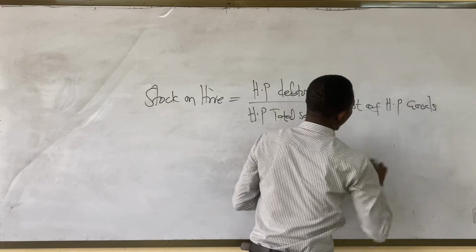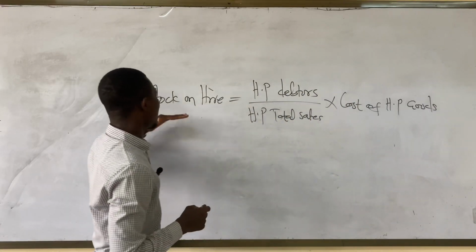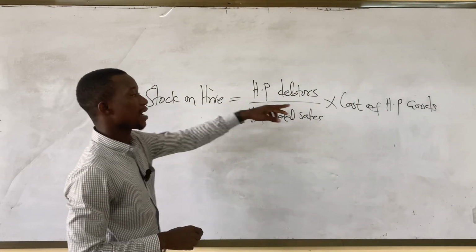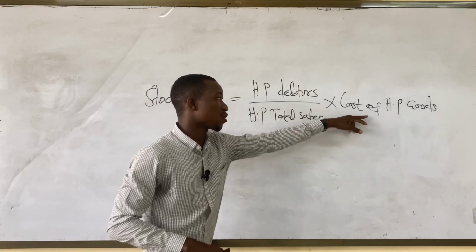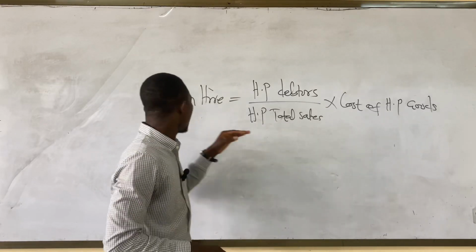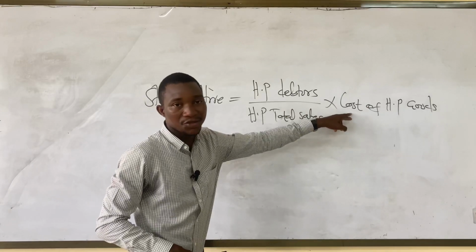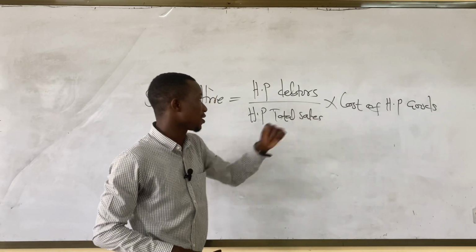This is the stock on hire method, and we are multiplying by the cost of the hire purchase goods just because stock is valued at cost.